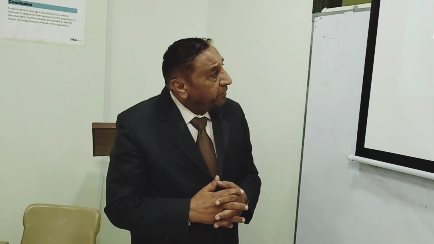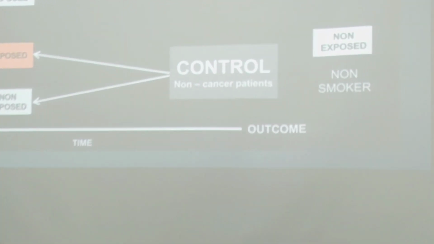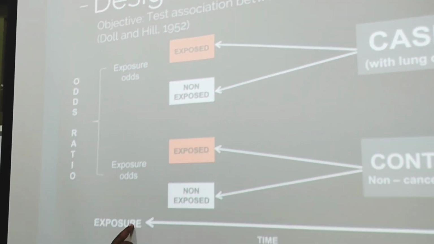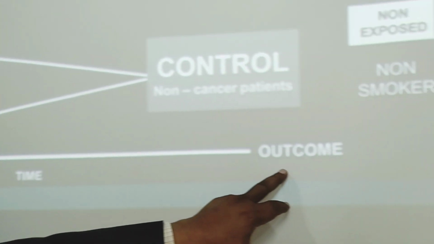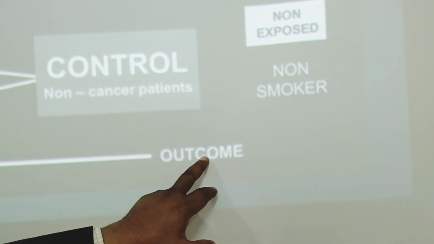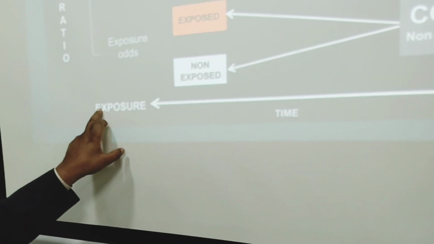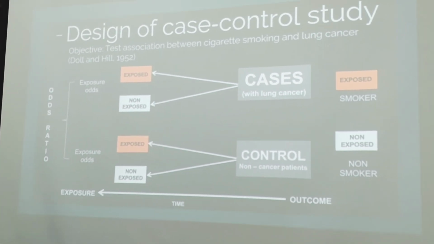This is one of the important slides, and you can see that the direction of the study is the same as I have already told: the exposure is in the past and the disease is in the present. Your study starts from the disease and goes back in time to the exposure. Some people will develop disease, some will not.